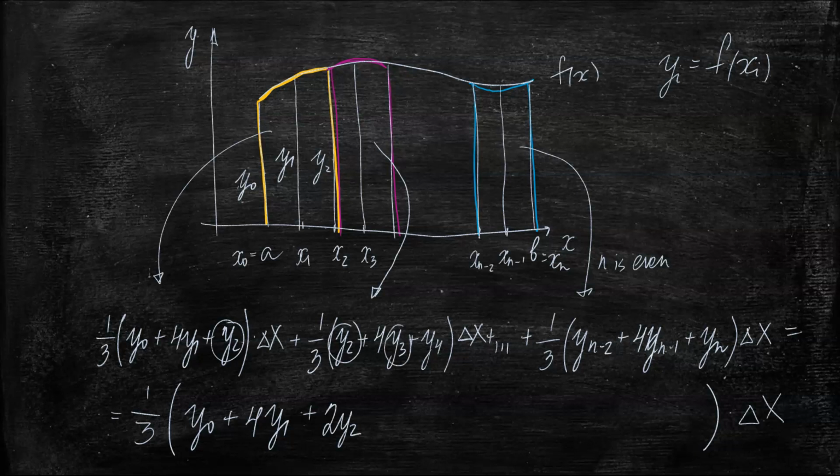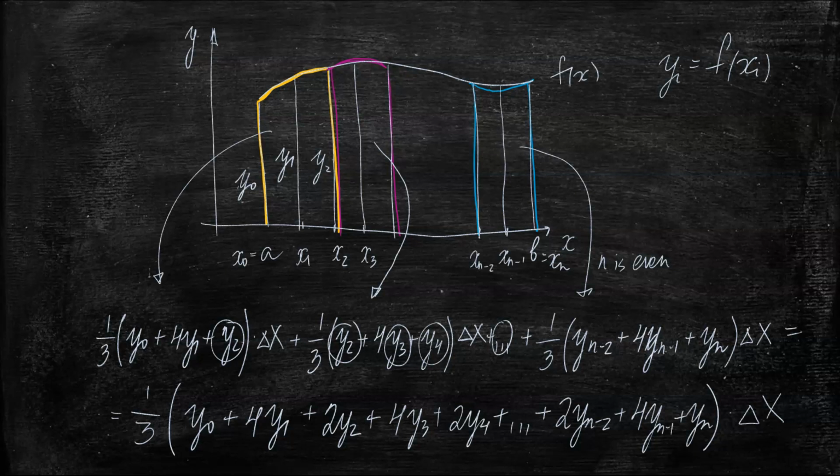But then the next one we're going to have 4 again. And then the next one will be combined with another one over here, so we're going to have 2 of the next one, and it's going to keep alternating between 2 and 4, 2 and 4. So at the end we're going to have 2y sub n minus 2, we're going to have 4y sub n minus 1, and we're going to have the very last one, y sub n, and it will be by itself.